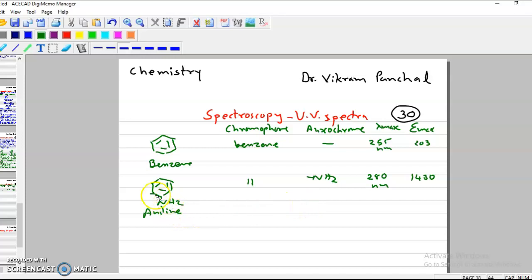Here you can see that the NH2 group increases the color, and that is why you may find aniline colored in presence of air. Okay, or paranitrophenol is also colored because of the presence of the OH group. So certain groups are auxochromes, and they sometimes also cause a bathochromic shift.